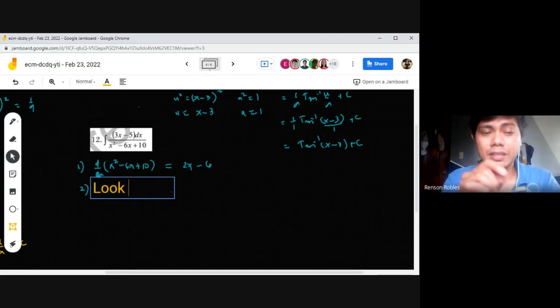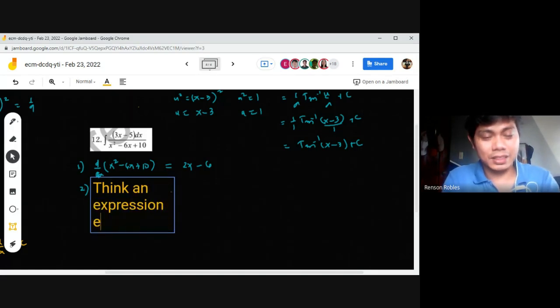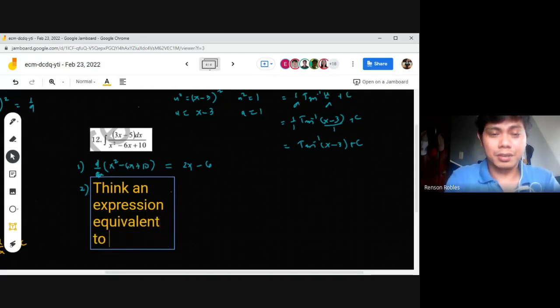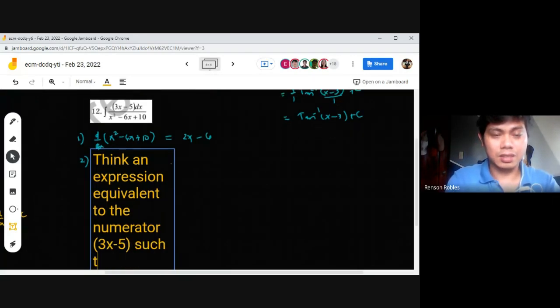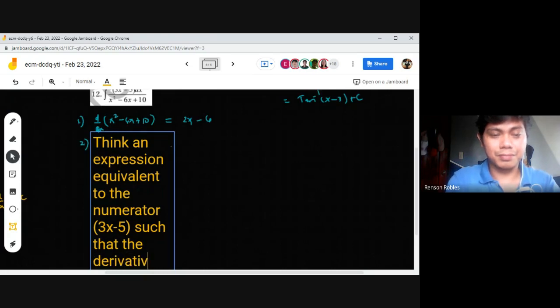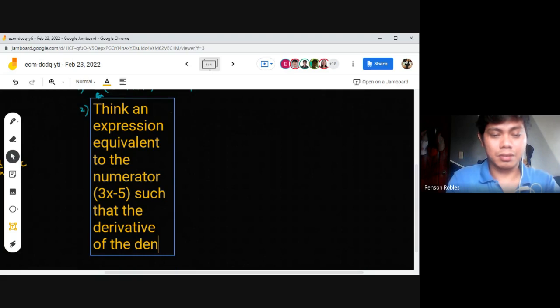Look for, or think of, an expression equivalent to the numerator, in this case 3x minus 5, such that the derivative of the denominator will appear.